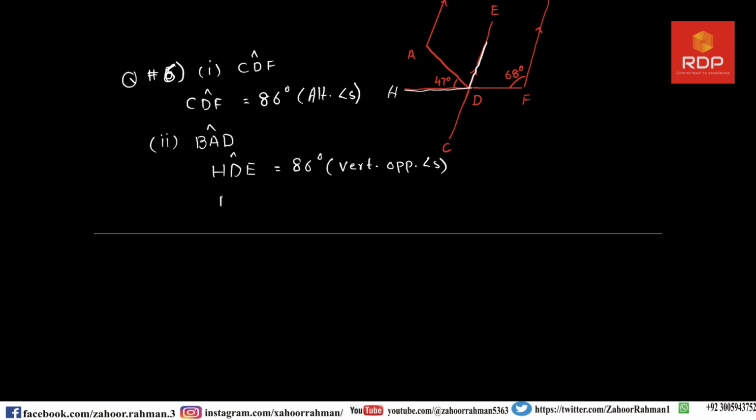Now let's move further. We can find EDA. EDA is equal to HDE, which we found right now, minus 47 degree. Because we found this to be 86 and we want to find this area, so we have to subtract 47 from HDE.